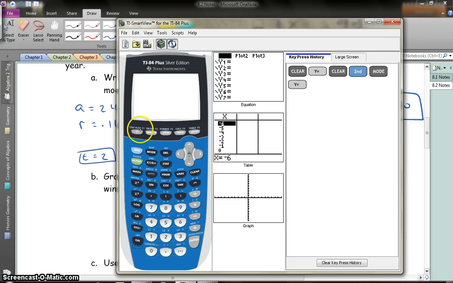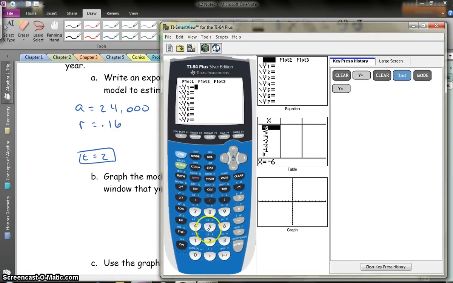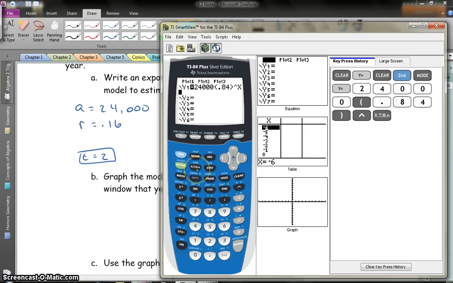So we have Y equals, what's our model say? 24,000 times, you can do 1 minus 0.16 or 0.84, either one is appropriate, raised to the x power. I'm going to hit graph.